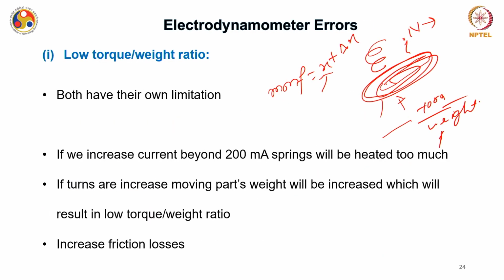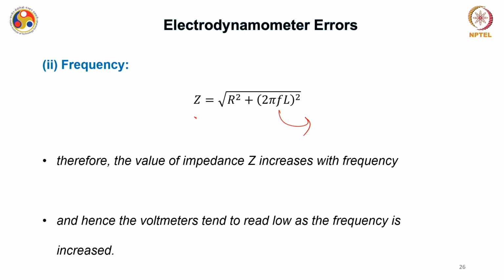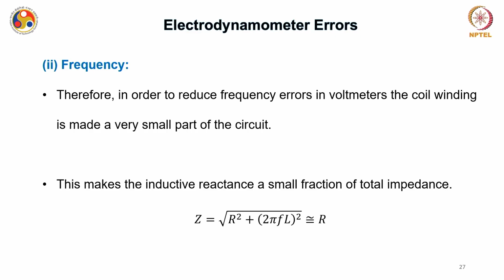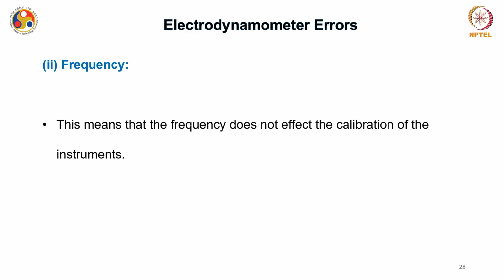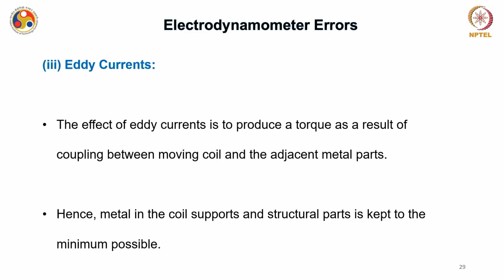So this is how frequency error in electrodynamometer instruments is suppressed or at least minimized. This means that the frequency does not affect the calibration of the instrument if you have this kind of resistance in the picture.